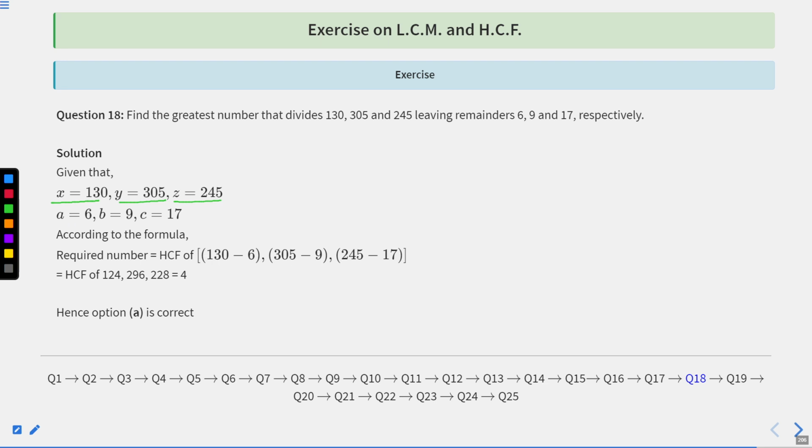And we take a equal to 6, b equal to 9, and c equal to 17. So according to the formula, the required number is equal to HCF of 130 minus 6, 305 minus 9, 245 minus 17. So the HCF of 124, 296, 228 is 4. So the correct option here is option A.